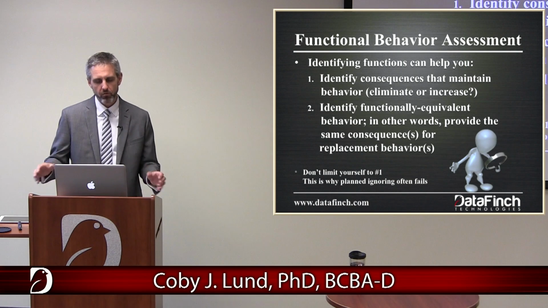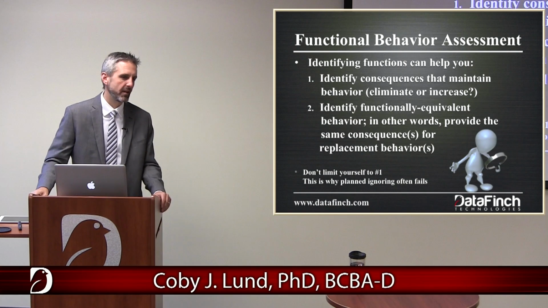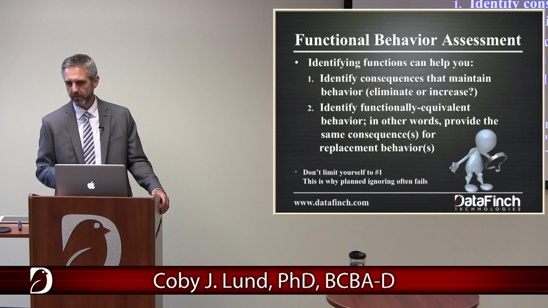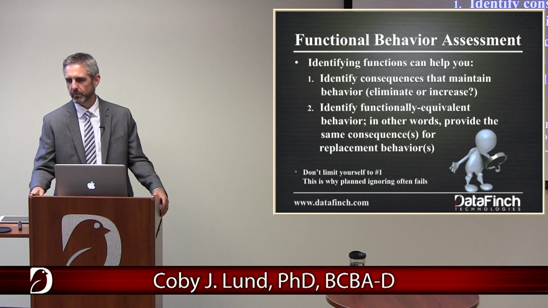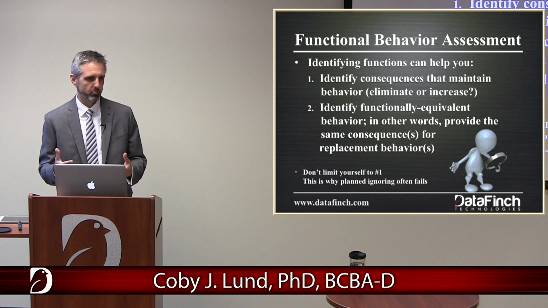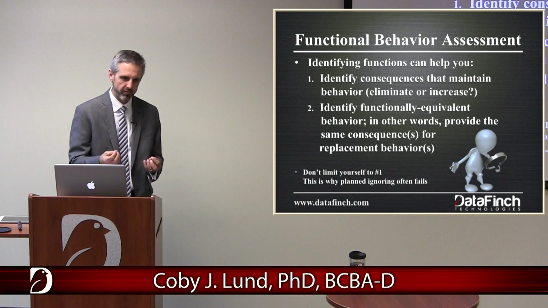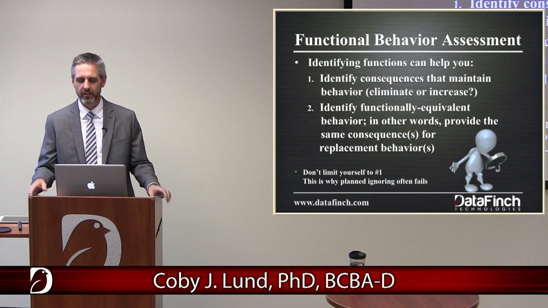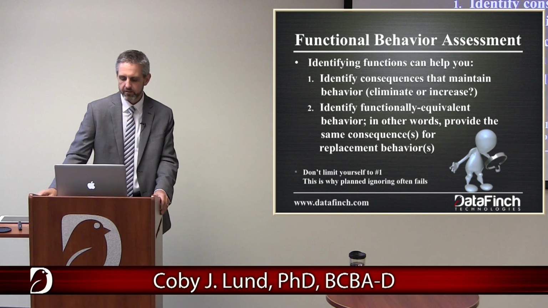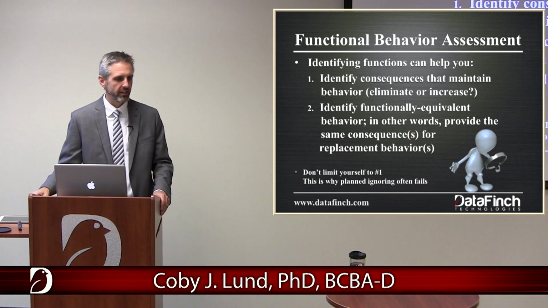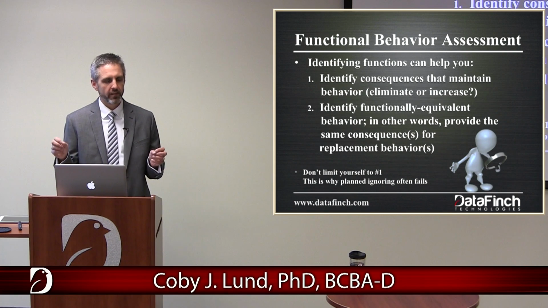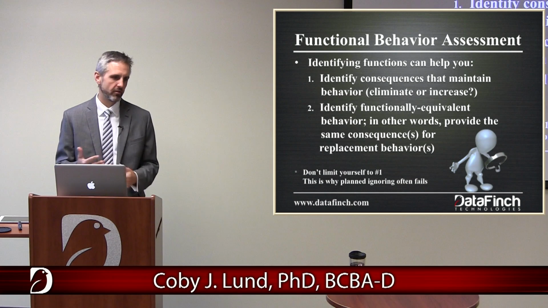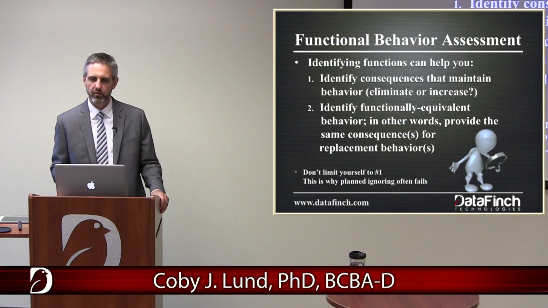So don't ignore a behavior that's maintained by escape avoidance or access to reinforcement, or certainly an automatic reinforcement situation. A person who engages in stereotypy for sensory input, it's not for attention. You can't ignore it and make it go away. So it will only work if it's for attention. And by the way, it will only work if you do it exactly right. Can't ignore some of the behavior and attend to it at other times. You have to ignore all of it.